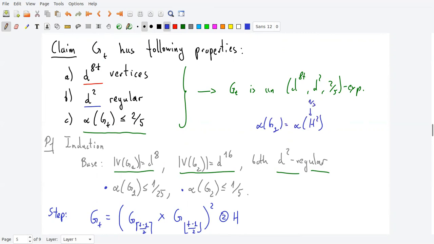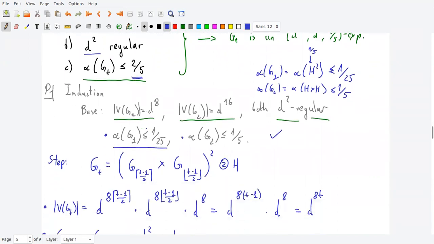H was a 1 over 5 expander, so this will be bounded by 1 over 25. On the other hand, recall that G2 was defined as H tensor H, and the tensor product of two graphs with alpha being 1 over 5 will also have alpha bounded by 1 over 5. So these two properties are good. They are actually much better than what we expect. We expect only 2 over 5 for the parameter.